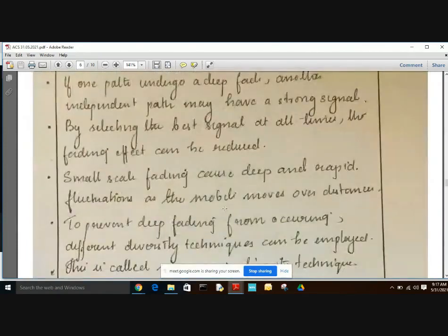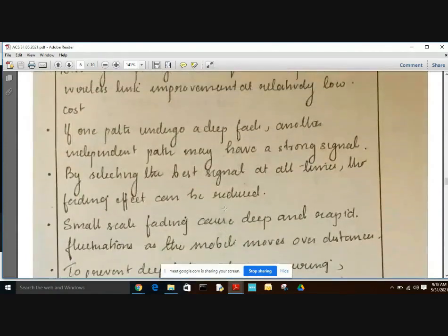So in the diversity technique, if one of the paths undergoes a deep fade, another independent path may have a strong signal. So we are selecting the best signal at all times, and the fading effect can then be reduced. By selecting the strong signal, we are reducing the effect of fading. Small scale fading causes deep and rapid fluctuation as the mobile moves over a distance.